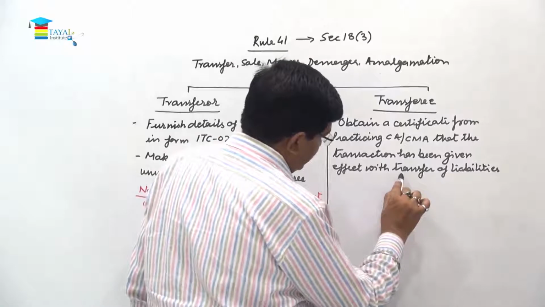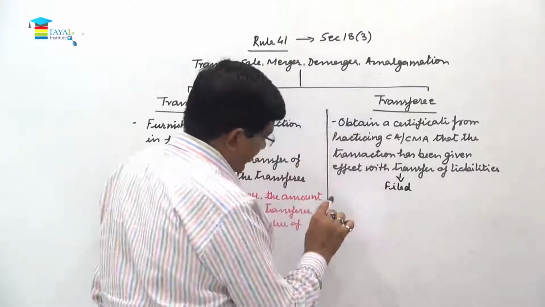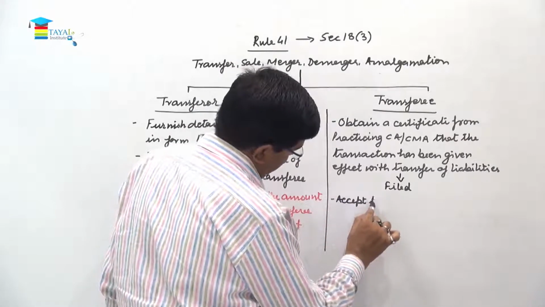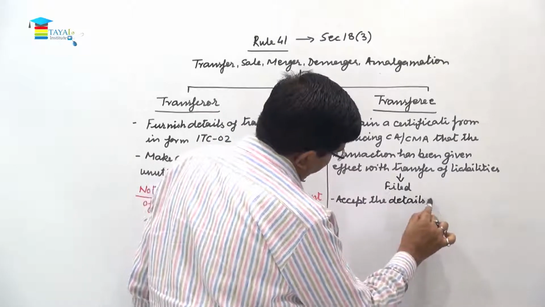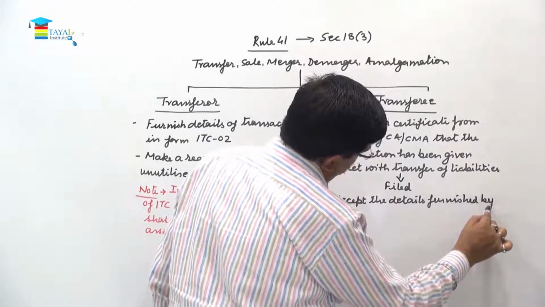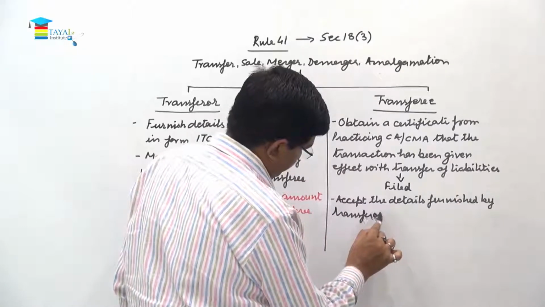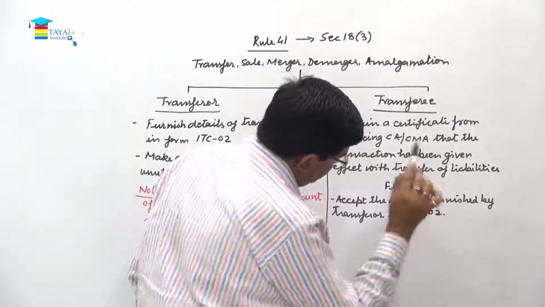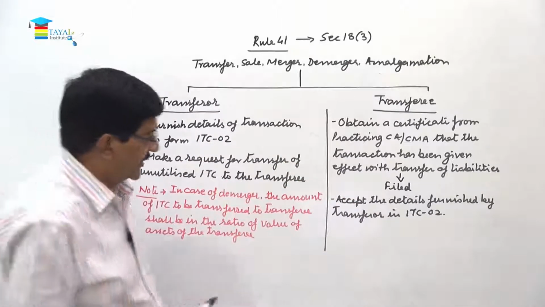Then this is to be filed, and then accept the details furnished by transferor in ITC-02. So this declaration is filed online, this acceptance will also be online.